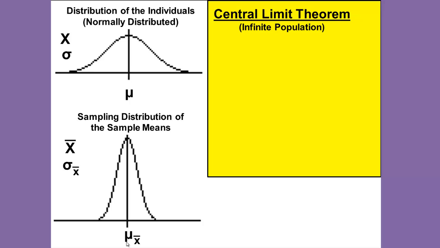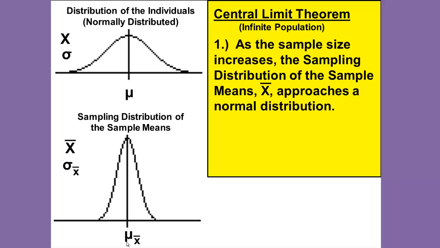So in brief, what does the central limit theorem tell us? And this is for an infinite population, or close enough to infinite that we can assume the following. One, as the sample size increases, the sampling distribution of the sample means, X bar, approaches a normal distribution.